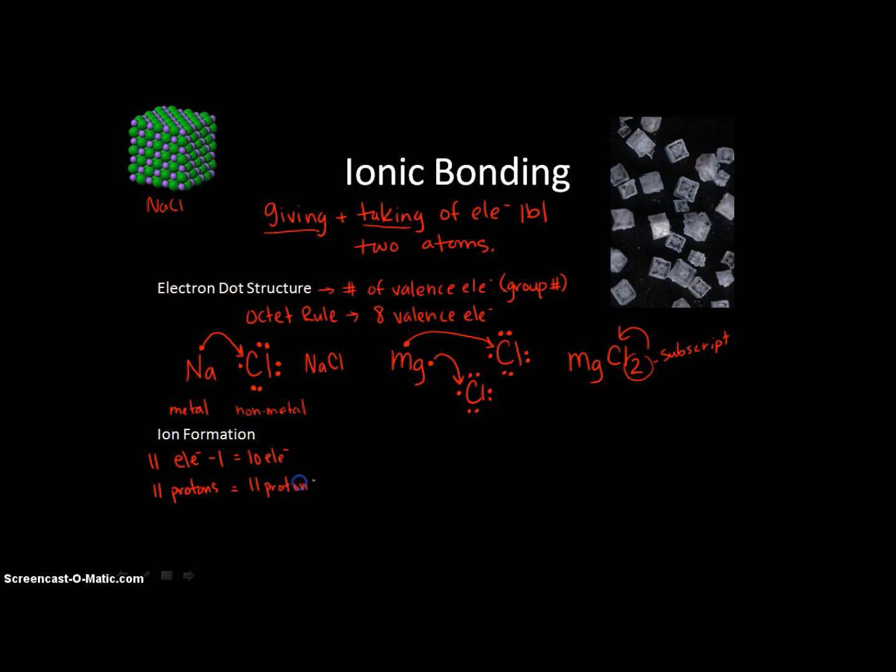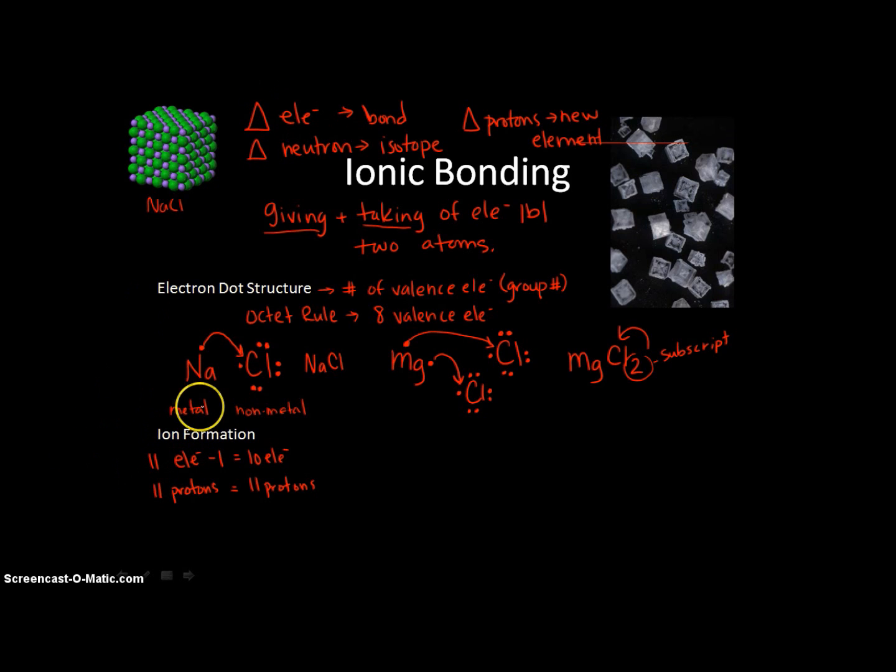Remember, if you change the number of electrons, you make a bond. If you change neutrons, from last chapter, you make an isotope. And if you change protons, then we would be making a new element. Right now we're talking about bonding, so we are changing the number of electrons.